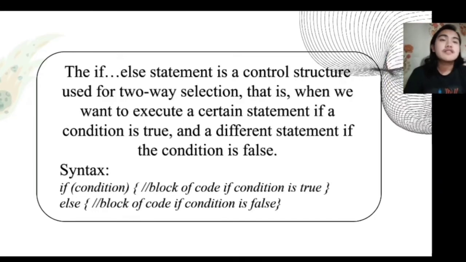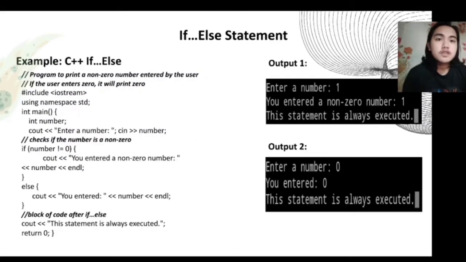In order to better understand that, we have here an example program. So here we have a program to check whether a number is non-zero or not. Initially, we have the usual preprocessor directives, which is the #include <iostream>, followed by using namespace std, and then int main, then curly braces.